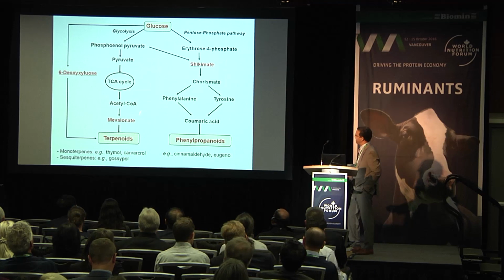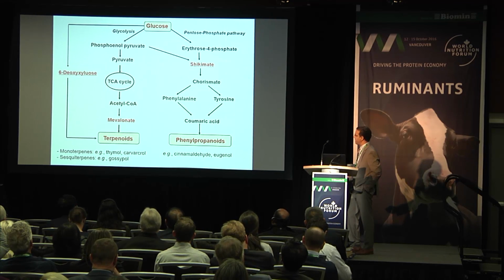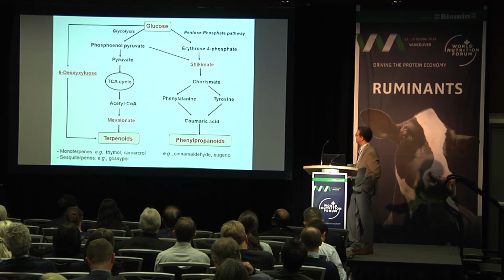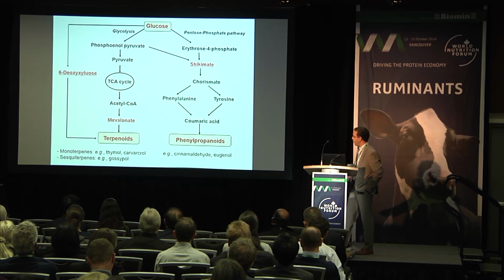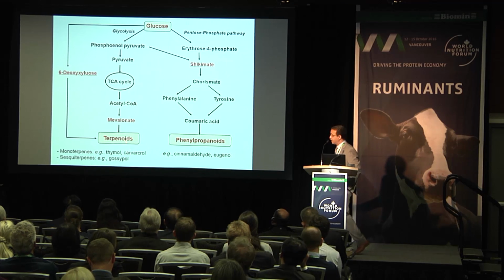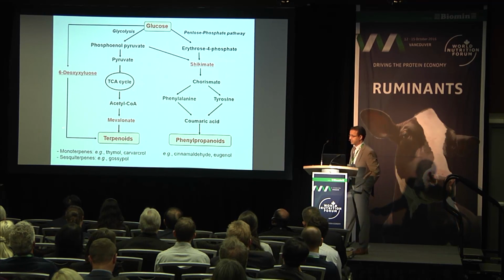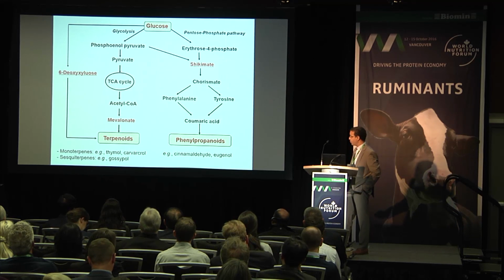Terpenoids can be derived from the deoxyxylulose and the mevalonate metabolic pathways, while the phenylpropanoids are derived from the shikimate metabolic pathway. Examples of these compounds are cinnamaldehyde and eugenol, whereas terpenoids can be either monoterpenes, such as thymol or carvacrol, or sesquiterpenes, such as gossypol.